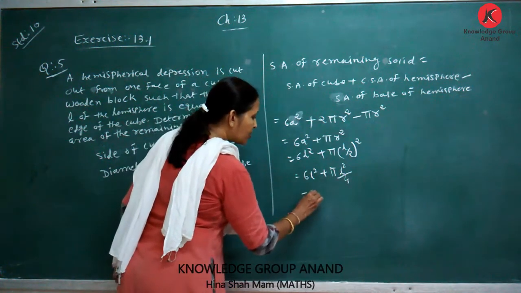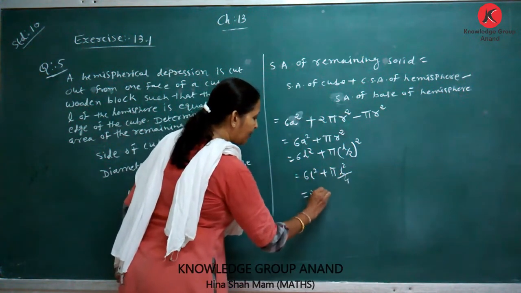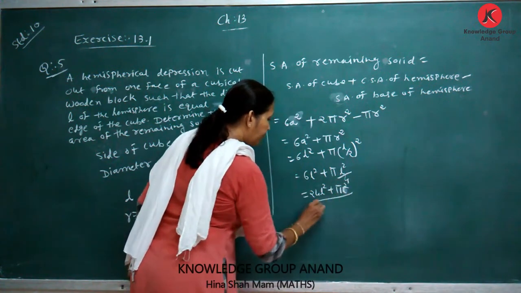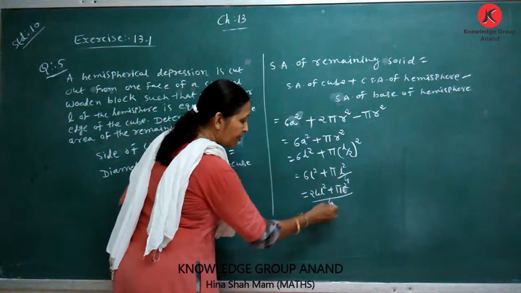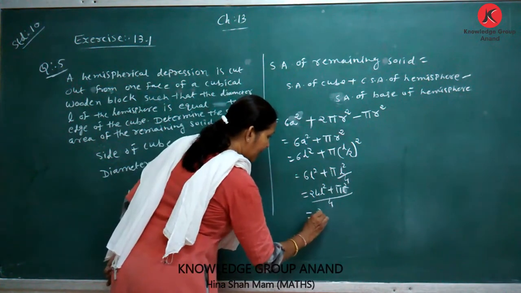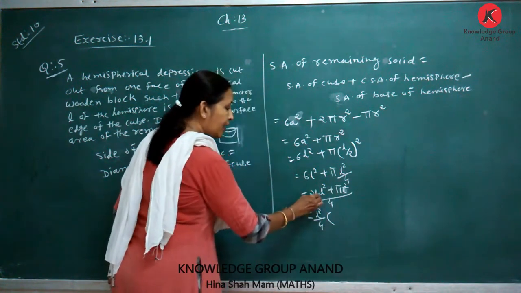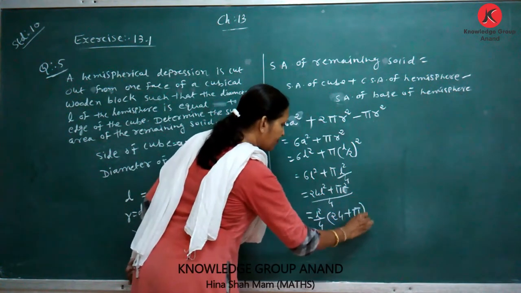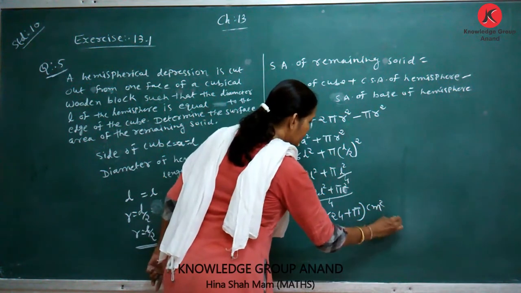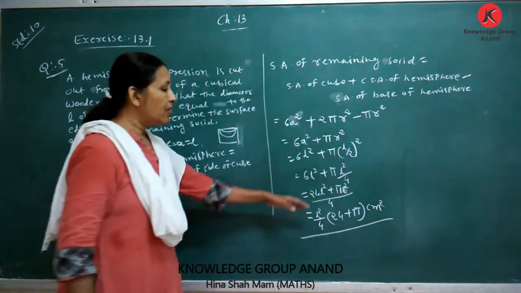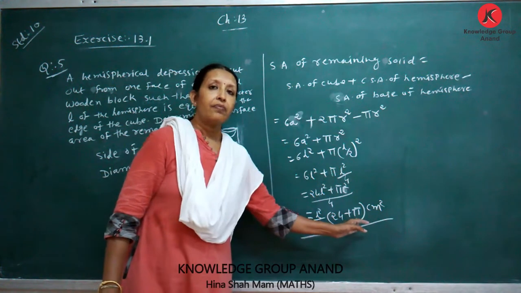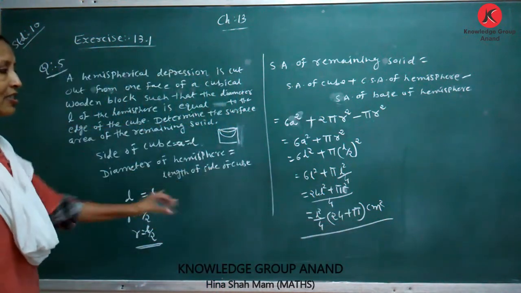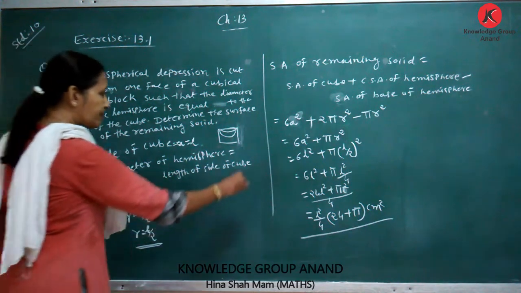Now LCM is 4. 6 4s are 24 L square plus pi L square upon 4. Then we write common part L square by 4, and the remaining part 24 plus pi, centimeter square. In the textbook they do not put the value of pi. Therefore, as it is, pi is equal to pi.